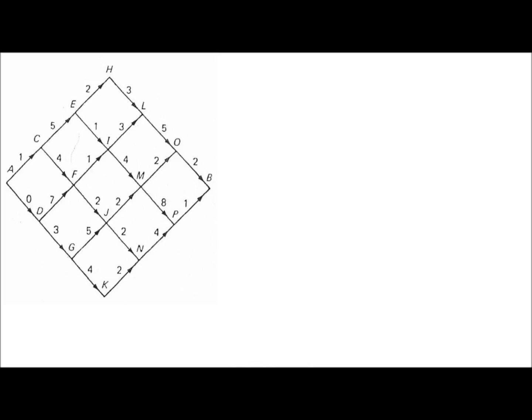Okay, so what should I write at M? 4, because I could either go up for a cost of 2 plus 2, or I could go down for a cost of 8 plus 1. So in fact, I could write a 4 if I go this way, a 9 if I go this way, that's the 8 plus the 1, and then write a 4 here.